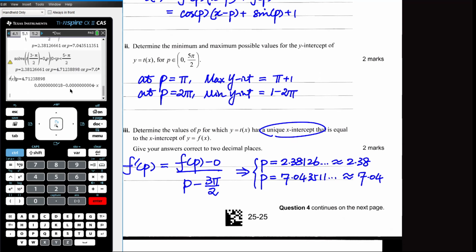And because this is y equals 0, this 1, 8, and 4 can be just negligible. It will intersect the x-axis infinite times rather than a unique x-intercept. So you would have to reject this value, I suppose. Of course, there are other methods like get the x value and then equate to 3 pi over 2, something like that. And you should be able to get, let's say, these two p-values.